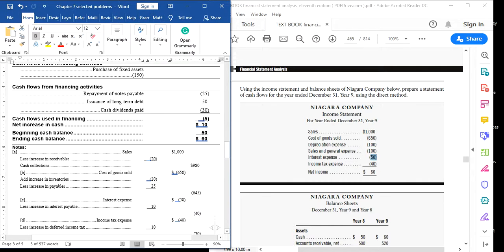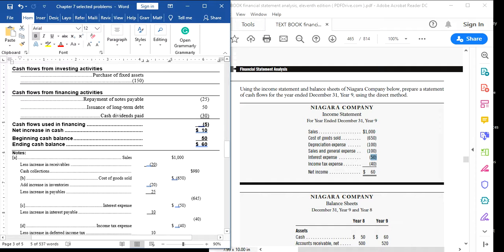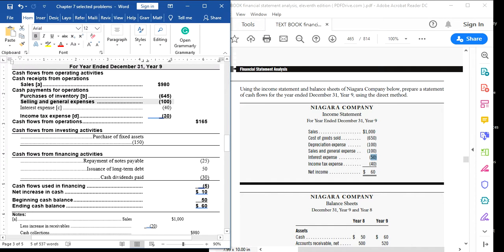The interpretation is given here. Interest expense is $50, but less increase in the interest payable. Okay, so we paid already 40 of interest expenses in cash, and 10 of it remains to be paid in the future. So the cash activity is paying $40 in cash.